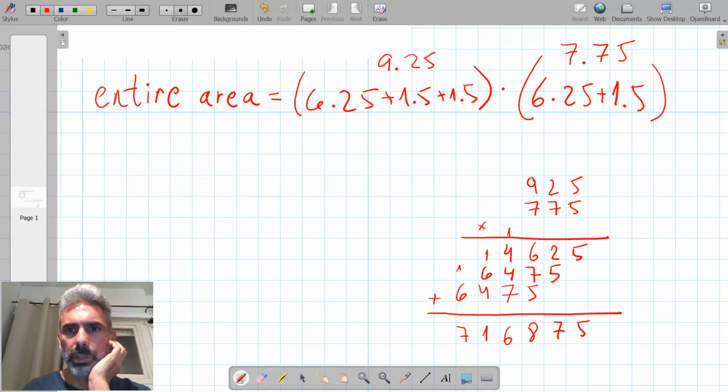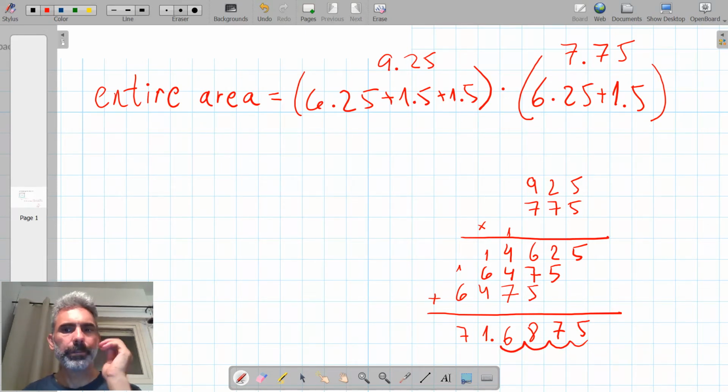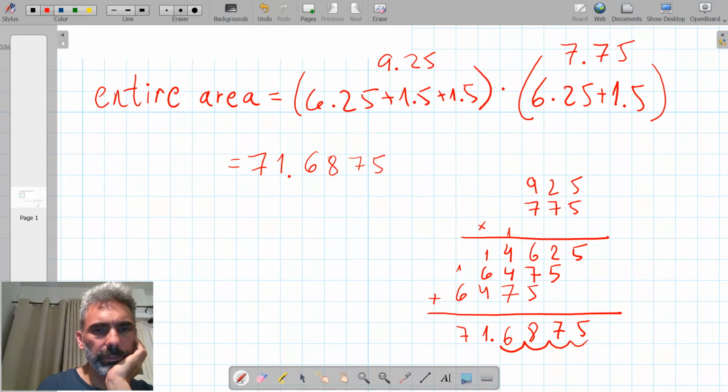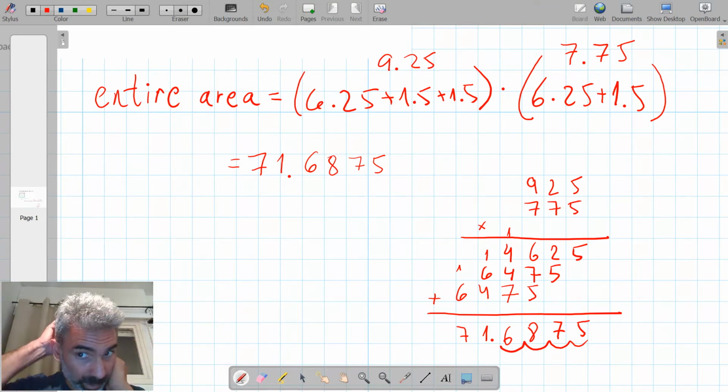And I have 4 digits to the right of the decimal point, so 1, 2, 3, 4. So the entire area is 71.6875 meters squared.